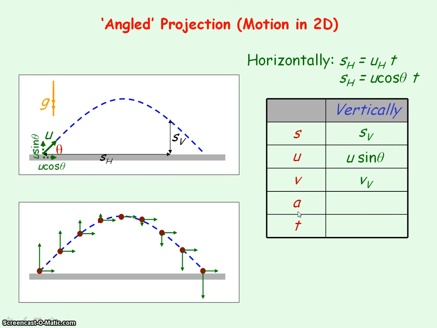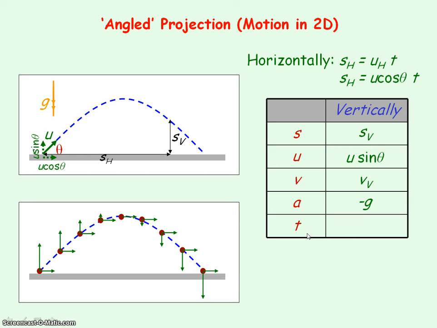The vertical acceleration is due to gravity, but as the acceleration due to gravity acts vertically downwards, and we took the initial velocity of the ball to be positive vertically upwards, our acceleration will equal minus g because it's in the opposite direction of the initial velocity.